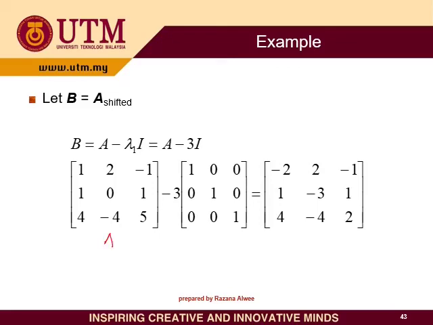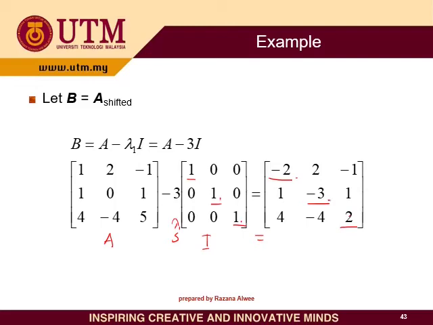Then we go to our second step, which is using the equation to find our B. For example, this is your A, minus this is your S, the lambda 1, times this identity matrix. Because this is an identity matrix, the only entries that change are A11, A22, A33, in the middle only. If you see here, this 3 is the only one that changed, based on your S, your lambda 1.